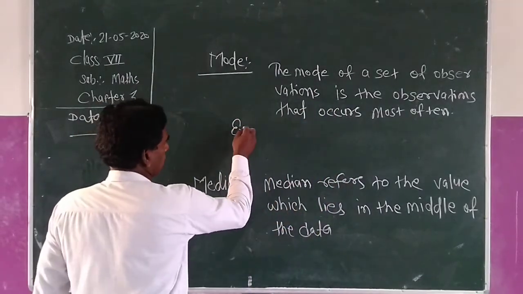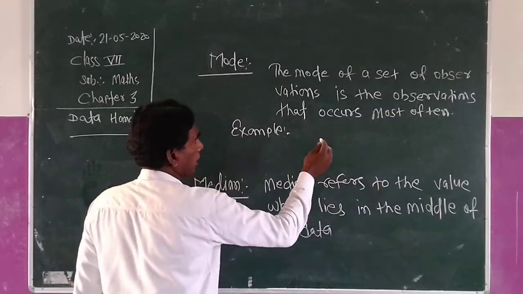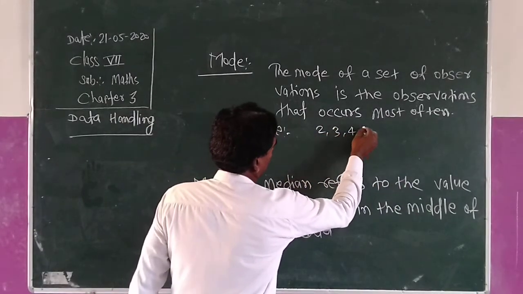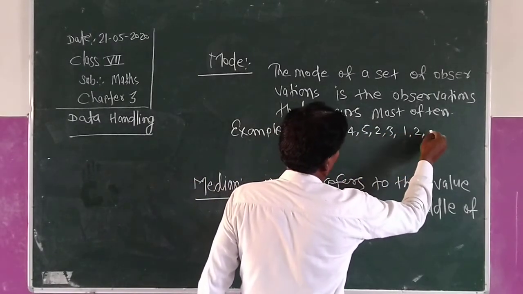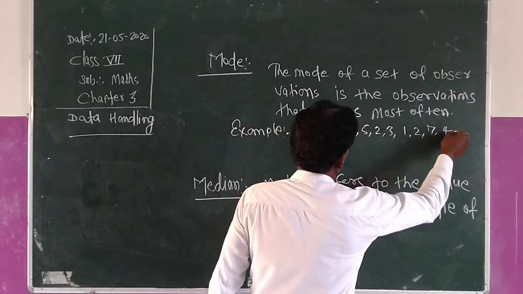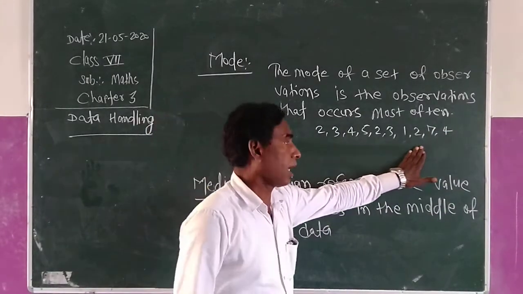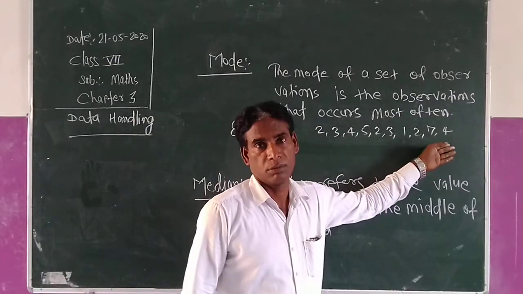Example: if you are given a set of observations 2, 3, 4, 5, 2, 3, 1, 2, 7, 4. Here we see that these are the observations. What is the mode of the given observations?